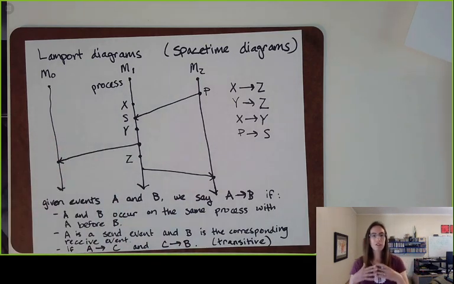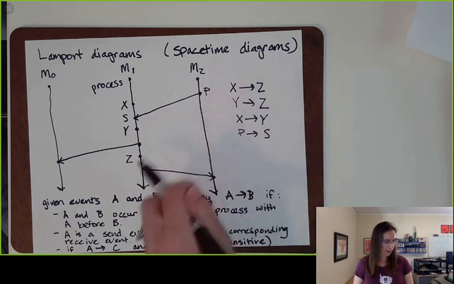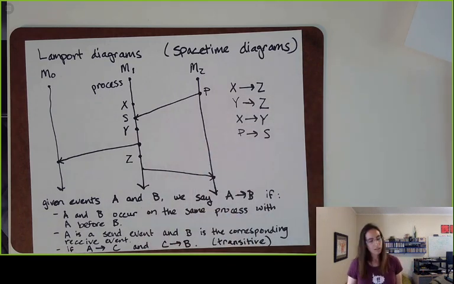And plugging all those together using this transitivity property, we can see that P happens before Z. So that's the definition of the happens before relation. Later on, we're going to talk about how to compute what's in the happens before relation so that if we have some event, then we can figure out what events happened before it. And the cause of that event must be somewhere in the events that happened before.